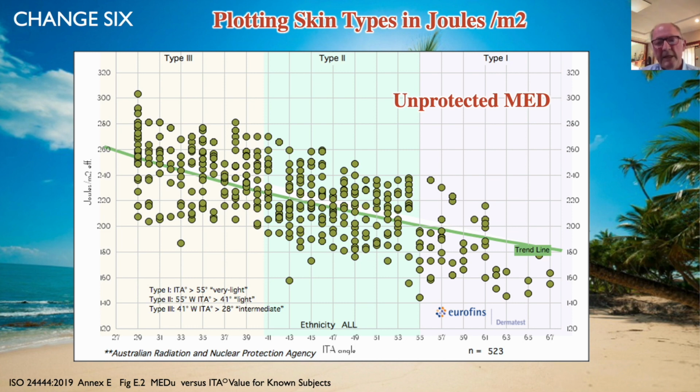If you're going from lighter skin on the right-hand side to type, what was the old type 3, on the left-hand side, you can see there's a pretty good correlation between how long it takes to get a slight erythema, or the equivalent of a burn in the sun, according to your skin type. So we think we've now perfected most of this in the experiment in a way that's reproducible and is showing the impact of the reliability of the experiment related to different skin types.